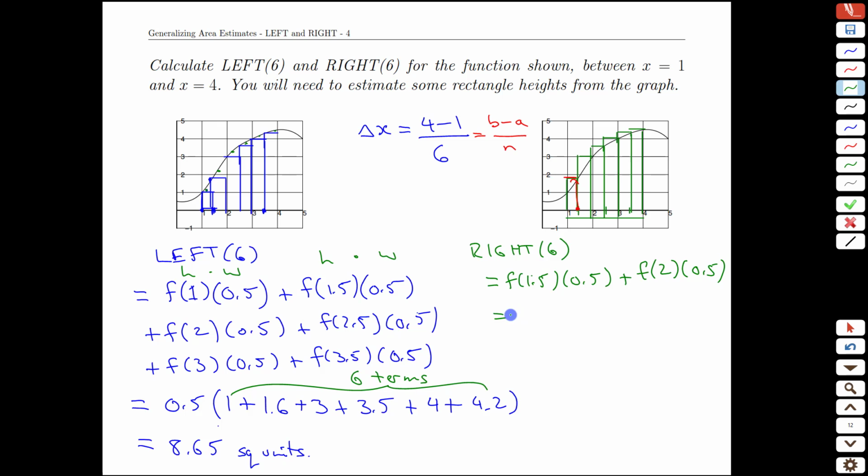And again, we start to see a pattern. Every time we go to the next rectangle, we add one more step, not necessarily one exactly, but 0.5 in this case between all the x values. And we'll see at the end that we used f of 4 in this calculation.